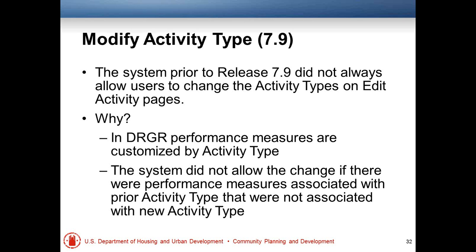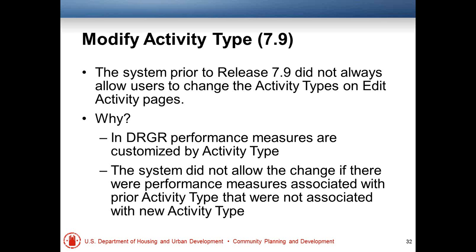Another 7.9 release item that I thought was essential for us to review for your final complete and accurate QPR was around modifying your activity type. Prior to 7.9, DRGR didn't allow you to change the activity type on your edit activity page.